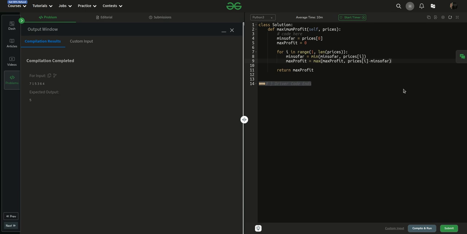Yeah, so your output is also 5 and expected is also 5. That is the expected result for this input. If we buy on the second day at stock price 1, and sell on day 4 at 6, then 6 minus 1 is the best possible case where our maximum profit occurs. That is the value 5.